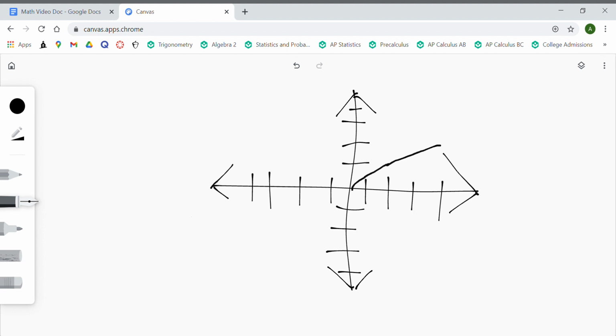So this is what the graph of the function would look like. I tried to make this as linear as possible. So anyways, that is the graph of the function for simple interest. Notice that we cannot do any negative numbers because money cannot really be negative.